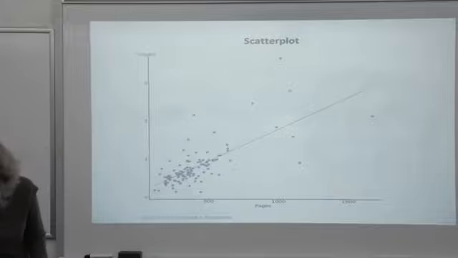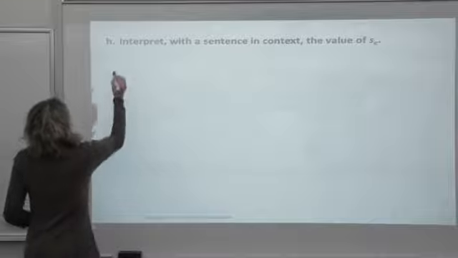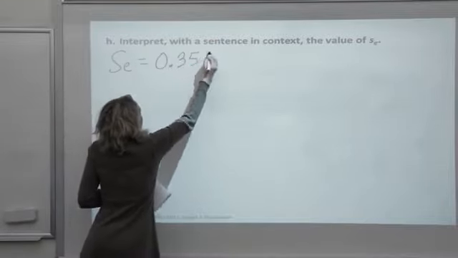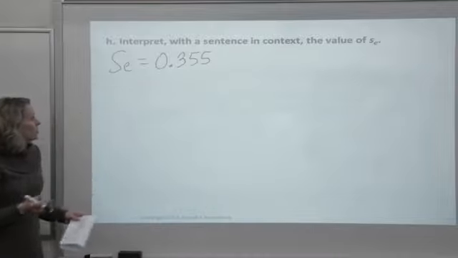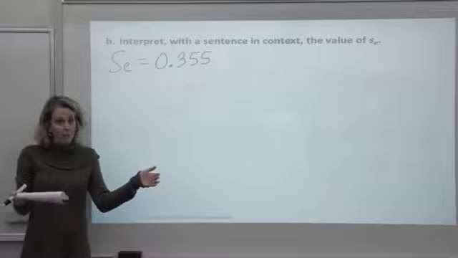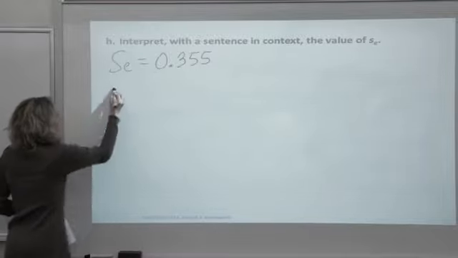All right. So now let's write that up. S sub E, the value was 0.355. And so our predicted weights on average are off from the actual weights by about 0.355 kilograms.